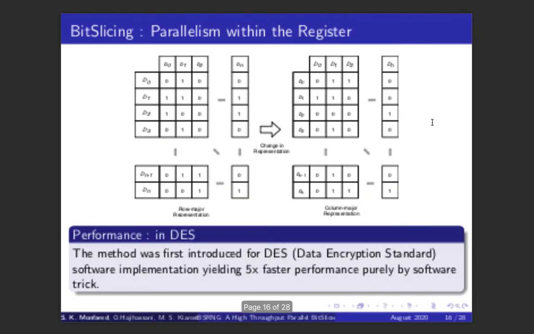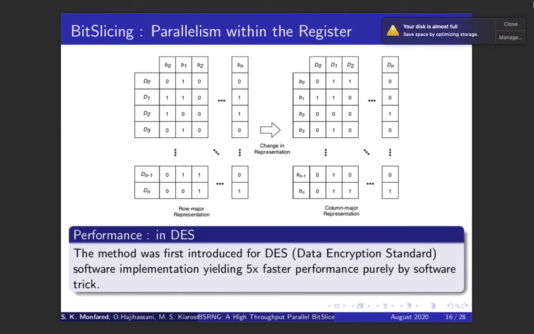To make it clear, let's say you have your data stored in D0, D1, D2 up to Dn, and this is the first bit of your D0 data, the second bit, and so on and so forth.